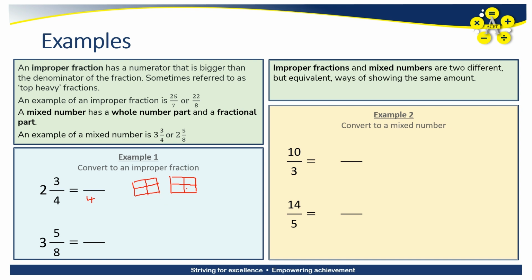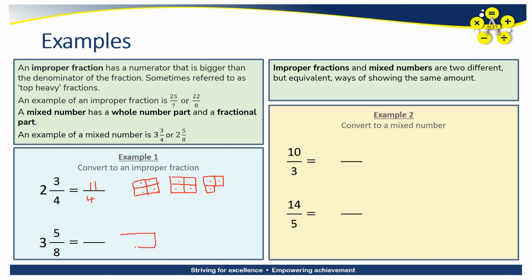So I've got 2 whole ones, and then I've also got another 3/4. Okay, so I've got my 2 whole ones and 3/4 left over. So when I consider how many quarters I have, I've got 1, 2, 3, 4, 5, 6, 7, 8, 9, 10, 11 quarters.